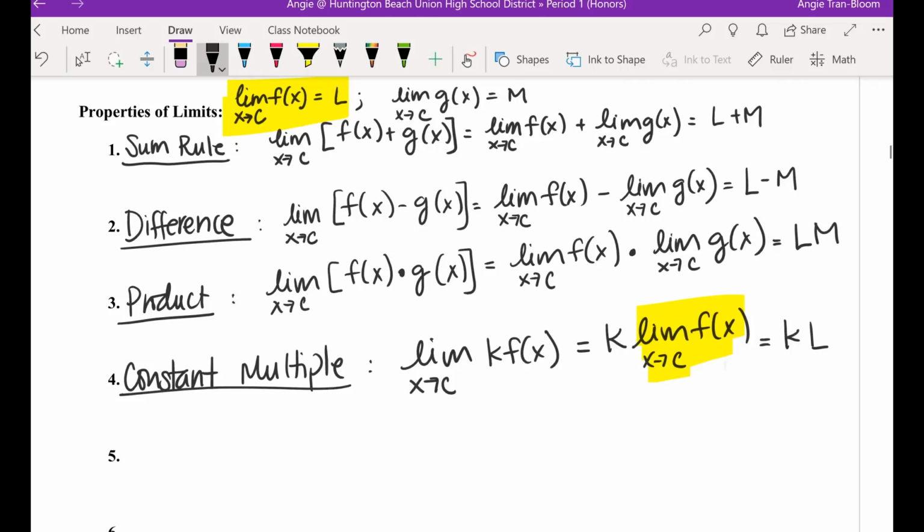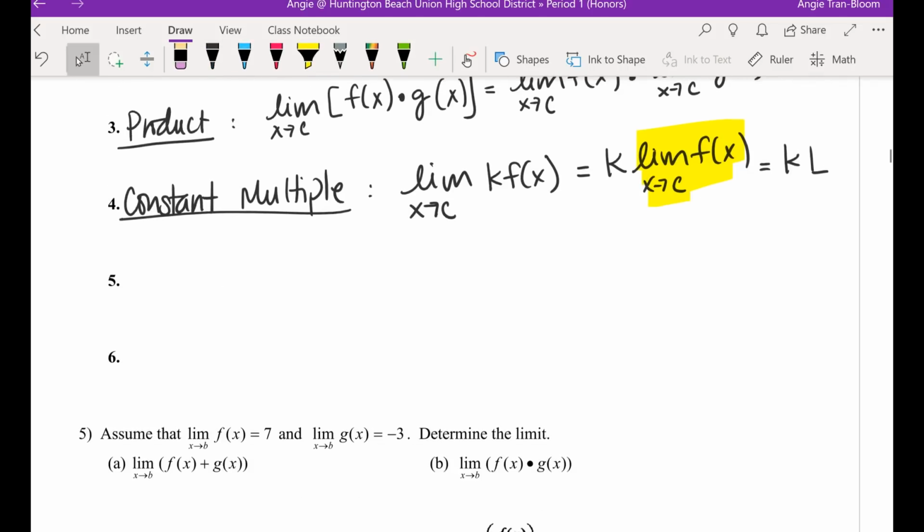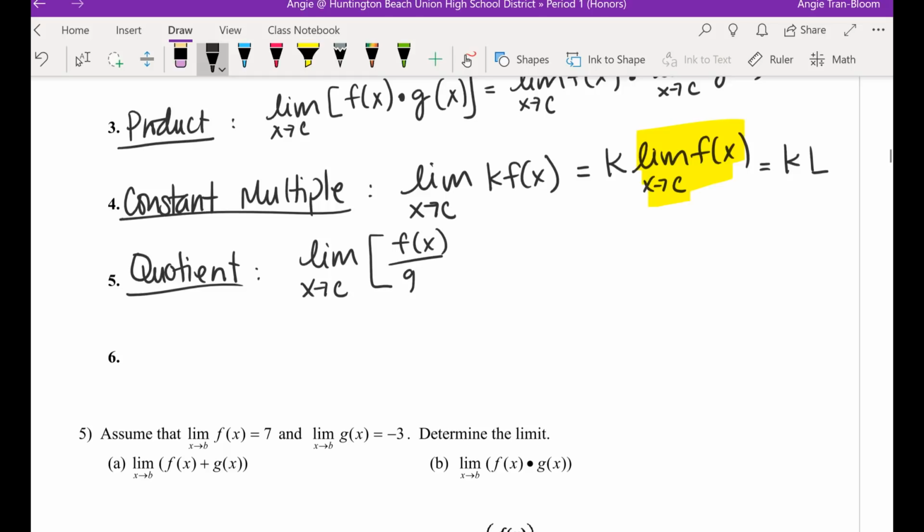Well, what happens when you have a quotient? Can you divide? Sure, okay. Quotient rule. So when you have the limit as x approaches c of f of x divided by g of x, you can break them up independently, find them first, and then divide.